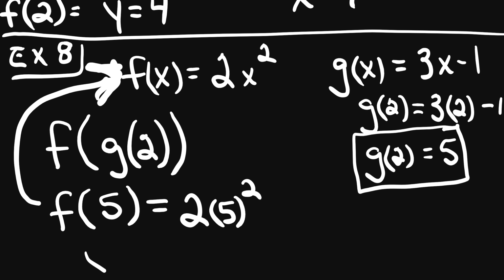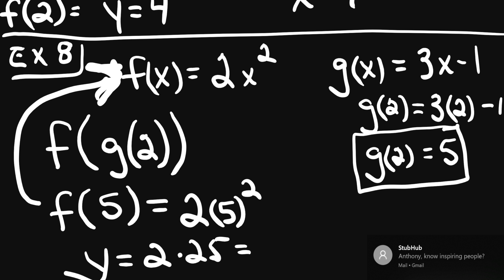And therefore, y equals 2 times 25, which equals 50. And that was the first one. All right, let's see. I can get the second one. Give me a second.